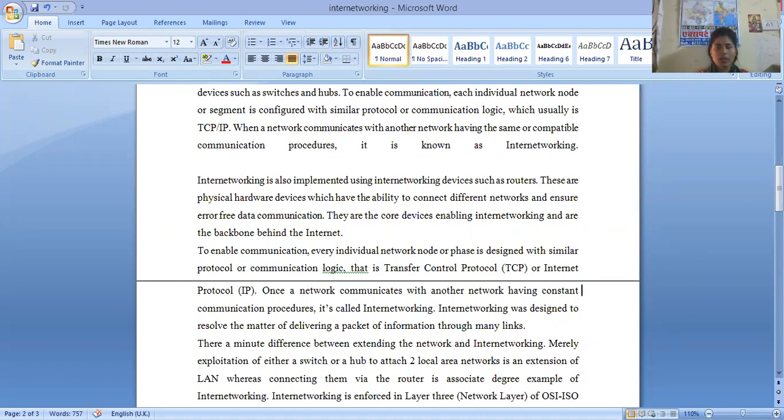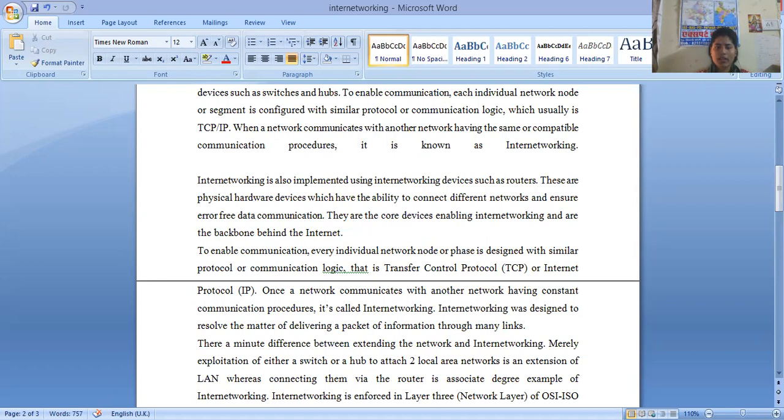And the key to enabling the communications is that every individual network node or segment is designed with similar protocols and follows the same type of protocol stack or communication logic, that is TCP or Internet Protocol.